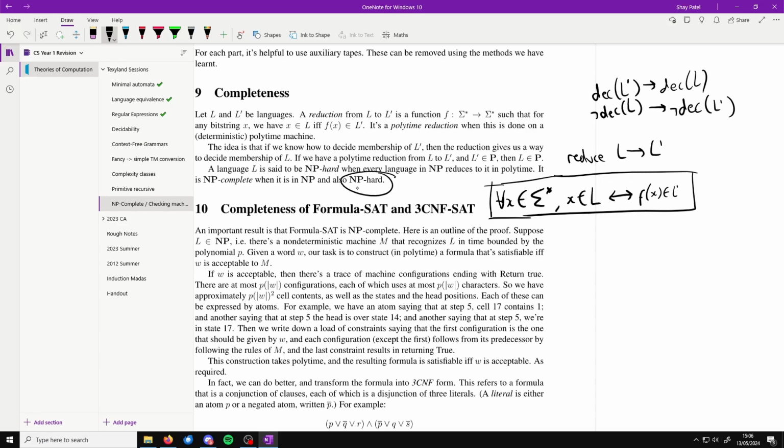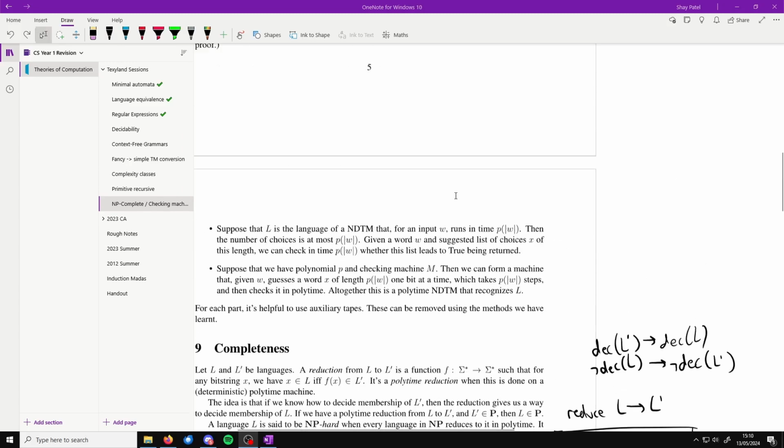So some languages in NP hard might not necessarily be in NP. To be NP complete, it has to be both in NP and NP hard, as hard as the hardest problems in NP. So, I mean, to prove something's NP hard, I don't think we'd be asked to do that, to be honest.